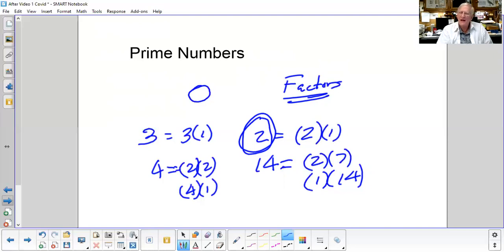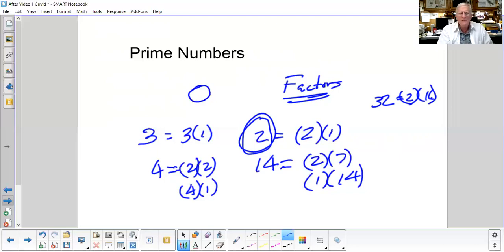The reason that is why? Any even natural or counting number that you can think of, let's try 32. Isn't it divisible by 2? So it has as its factors, one of the set of factors anyway, 2 and 16, right? It doesn't only have factors of 32 and 1, does it?